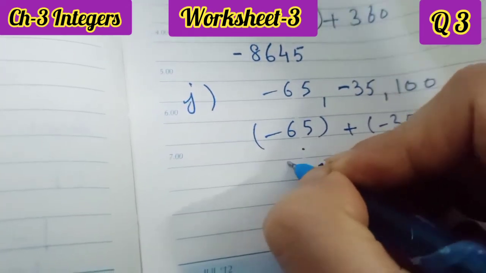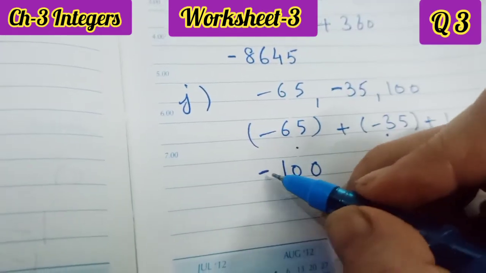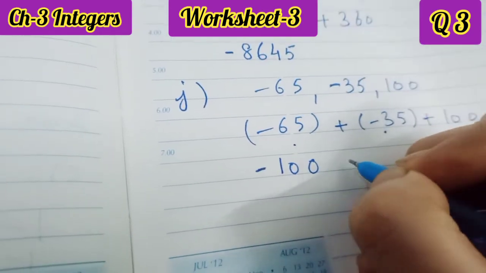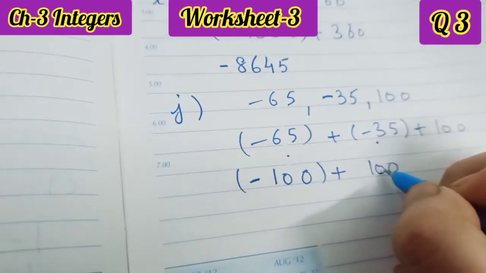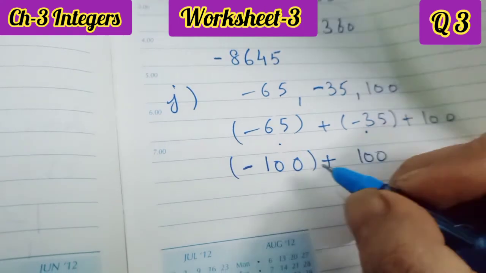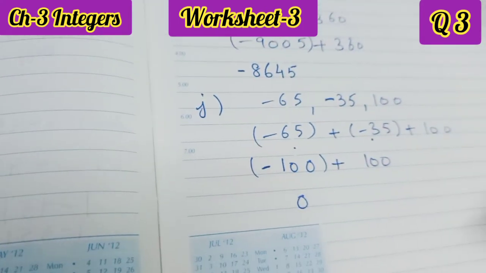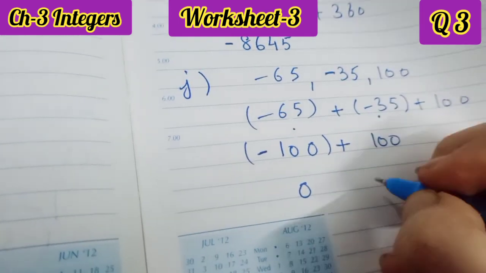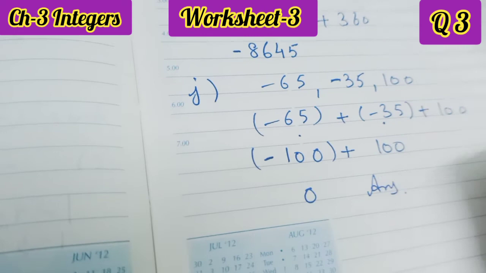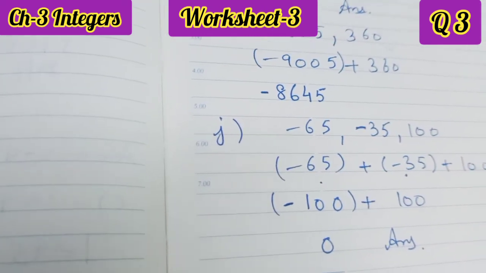We get 100 with minus sign, because both are having minus sign, so we will put minus sign, plus 100. Now again they are having different signs, so we find the difference. 100 minus 100 is 0, and as you know, 0 is having no sign, neither positive nor negative, so this will be your answer, simply 0. And this completes question number 3 of worksheet 3.